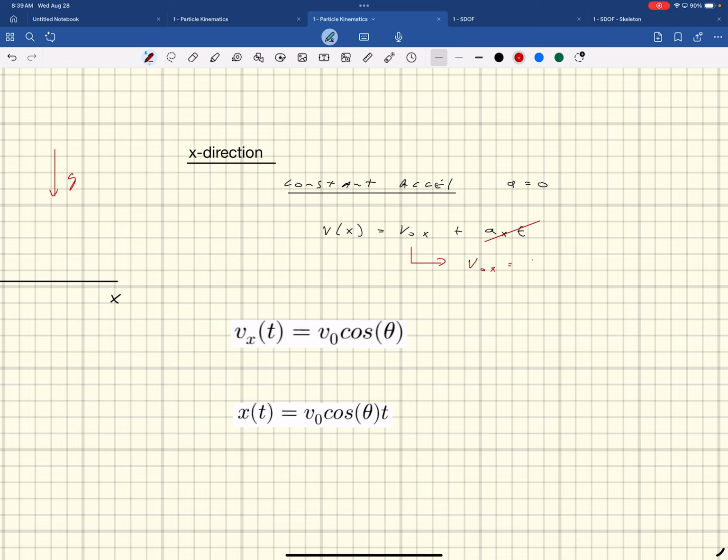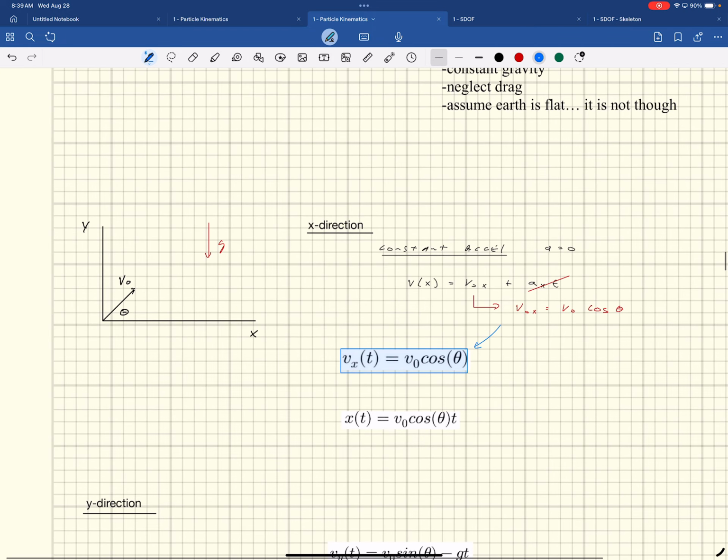That's just going to be v naught times cosine of theta. So this is what my velocity is in the x direction. It's just constant, a constant velocity. It's whatever the x component is of the initial velocity when it gets launched. That cosine theta just comes from this right here. It's this component of it.